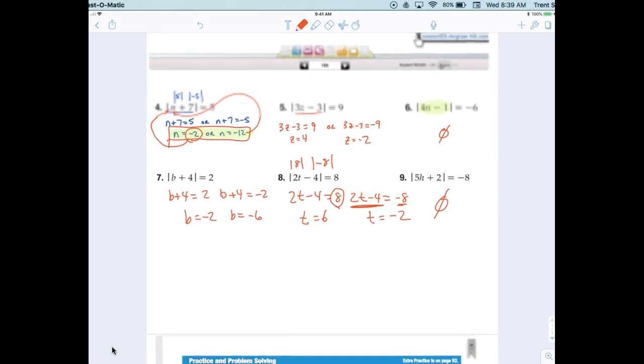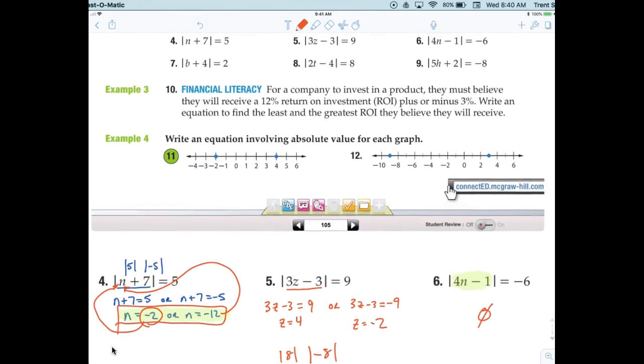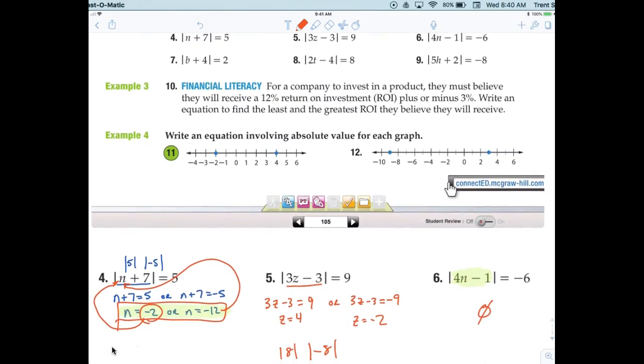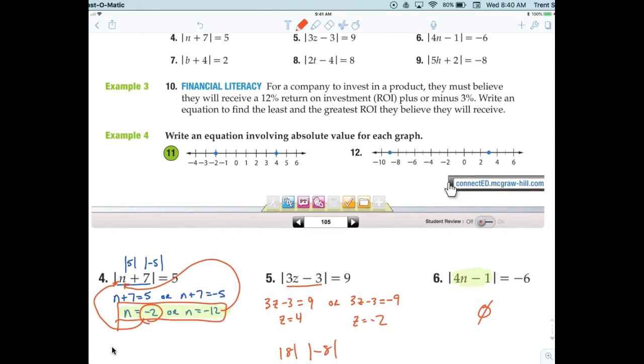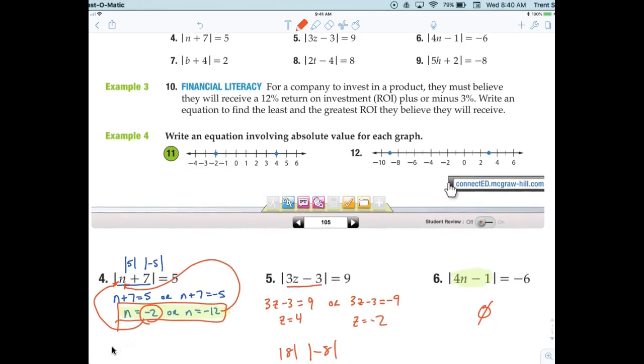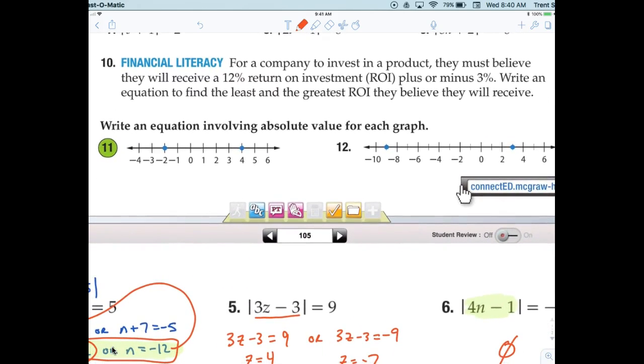All right? Now I want to look back up here. Okay, number 10. Here we go. Listen. On number 10, we're not going to write an equation. You're just going to see if you understand what it is. For a company to invest in a product, they must believe they will receive 12% return on investment, plus or minus 3%.